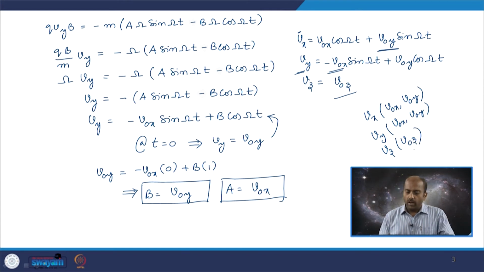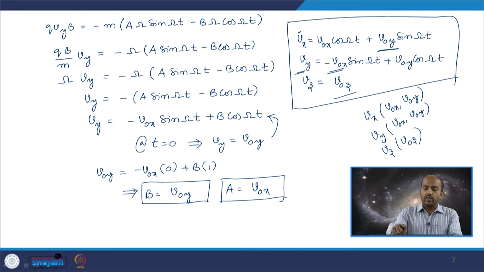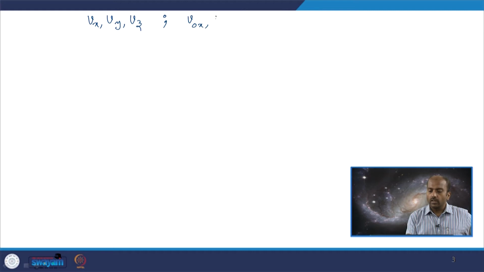Now, what we have to understand is, what are these equations telling us? To understand, let us say, what do we have? We initially had Vx, Vy and Vz. Then in combination with this, we had the initial velocities as V0x, V0y and V0z, right. Now, what are these?